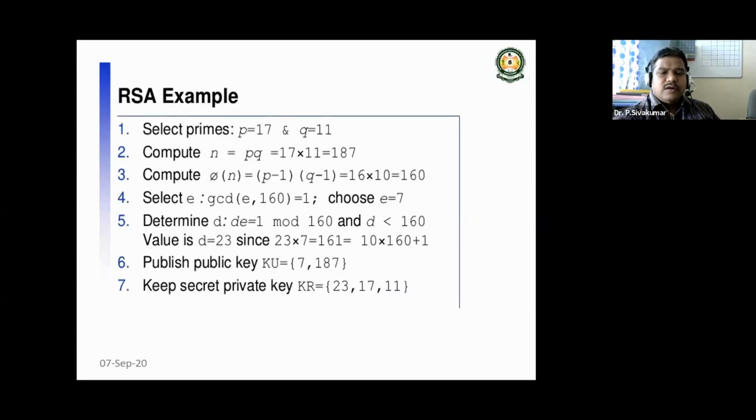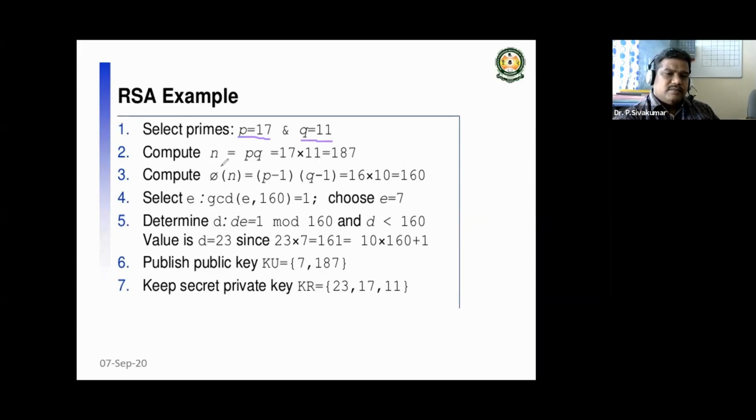Now you can see one example. Suppose we take two large prime numbers, so P is equal to 17 and Q is equal to 11. What is the second step?